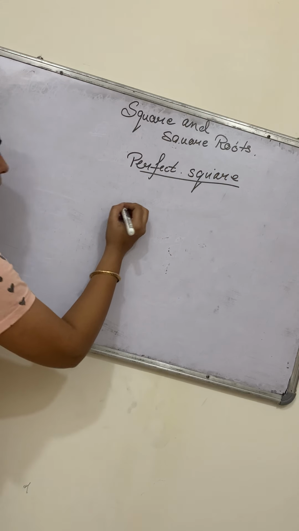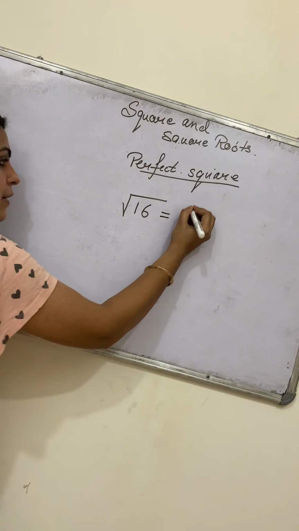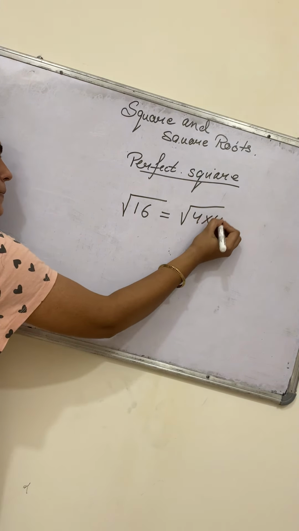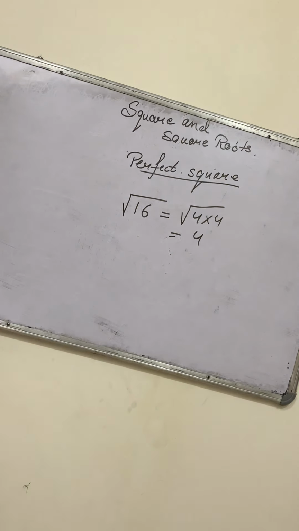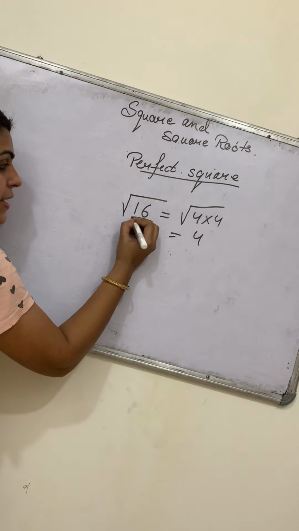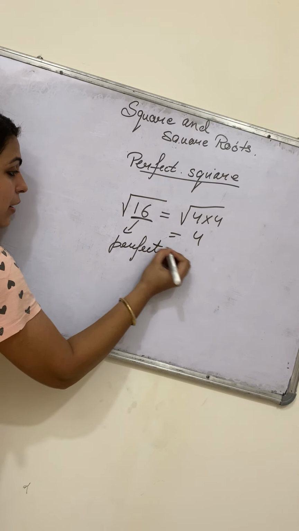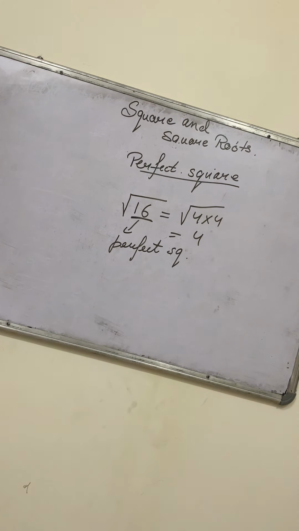Perfect square is, say, square root of 16 we are finding. 4 into 4 is 4. We got the perfect answer. That means 16 is a perfect square.